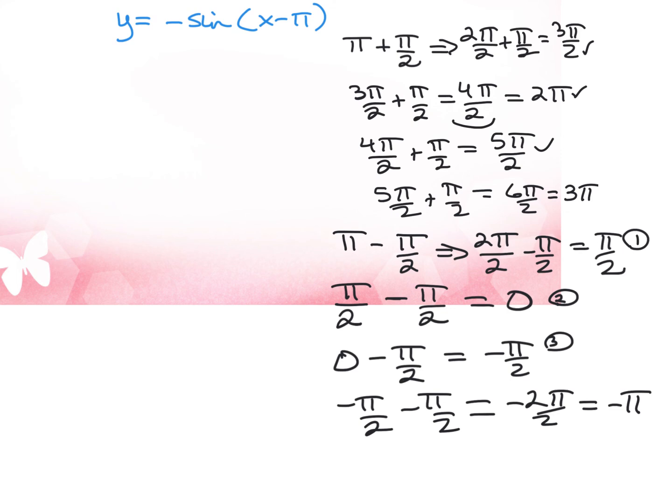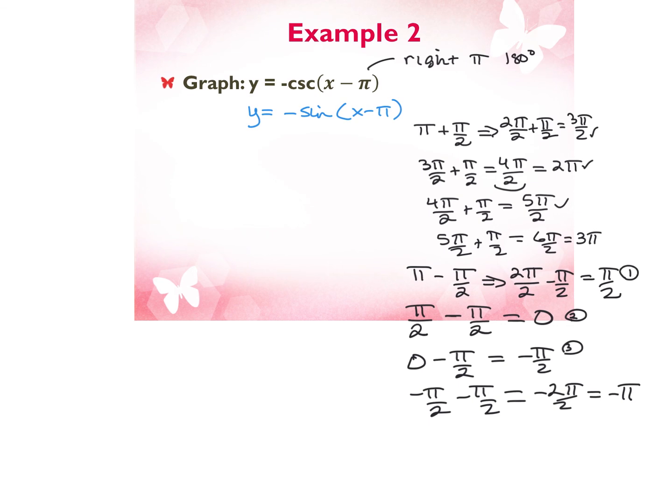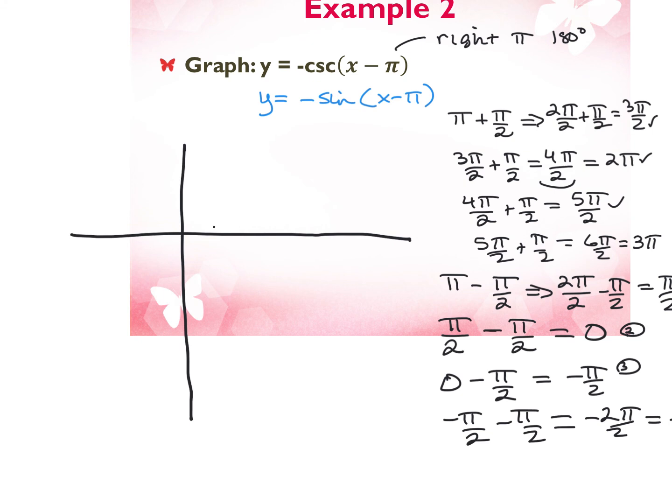So let's graph them. So here is my axis. That's kind of wavy. Let's straighten it up a little better. Okay, so now I'm going to evenly space them. So I have pi over 2, which is 90.